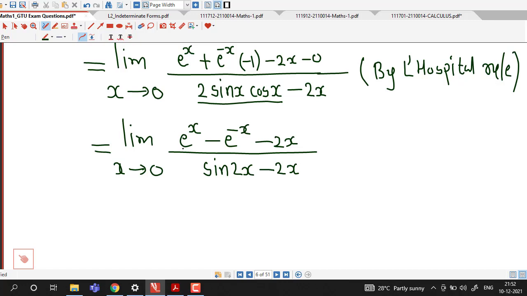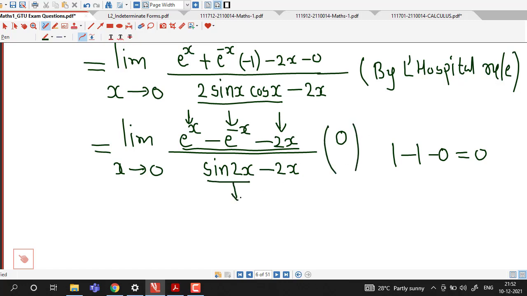If I take x equal to 0 here, I will have e^0, that is 1, minus e^0, that is 1, minus 2 into 0. So the numerator becomes 0. Similarly, the denominator becomes 0. So again we have 0 by 0 type indeterminate form, and again we will apply L'Hospital rule.